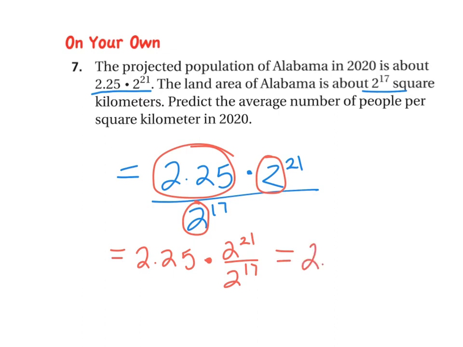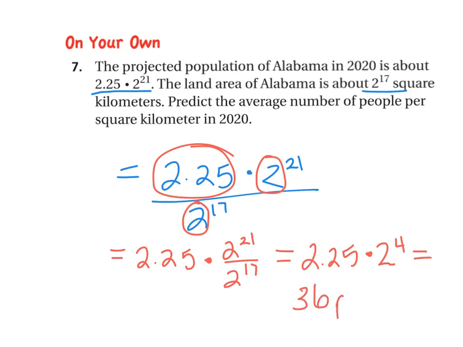So the first part we don't change. 2 to the power of 21 divided by 2 to the power of 17. You just subtract the exponents. So times 2 to the power of 21 minus 17 would be 4. So now we're going to do 2 to the power of 4 and then multiply that times 2.25 and you should get 36.